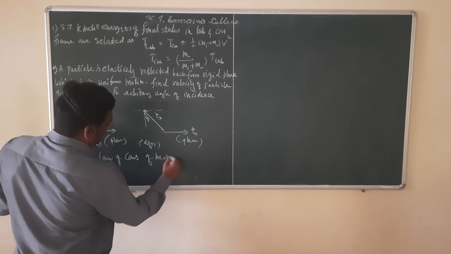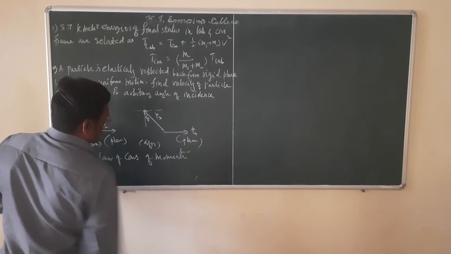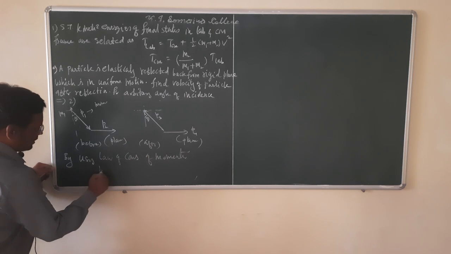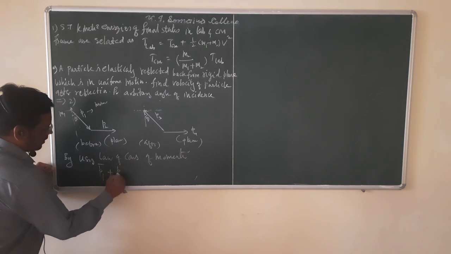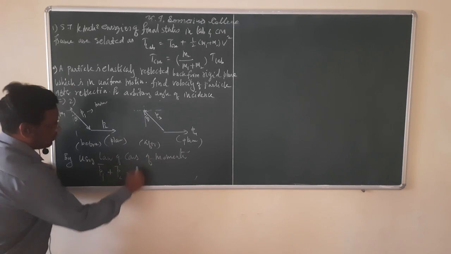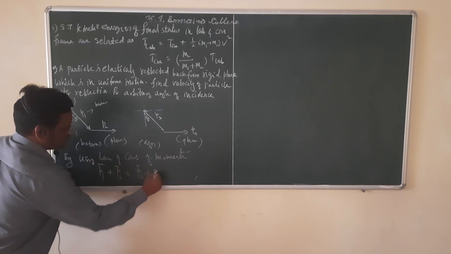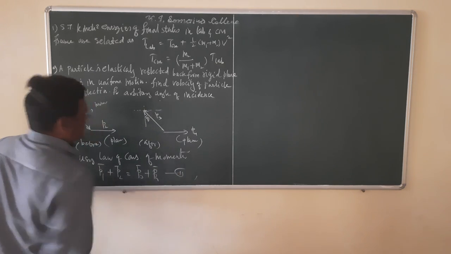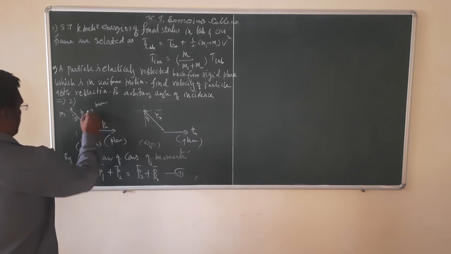Momentum before scattering, vector P1 plus vector P2, is equal to vector P3 plus vector P4. Call this equation 1.